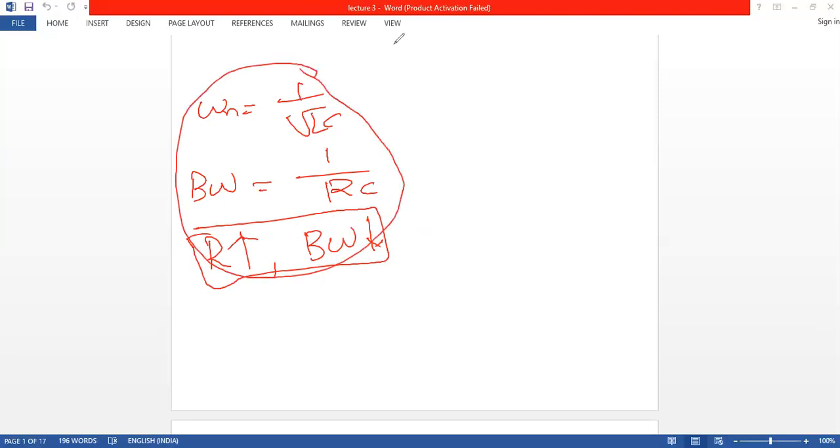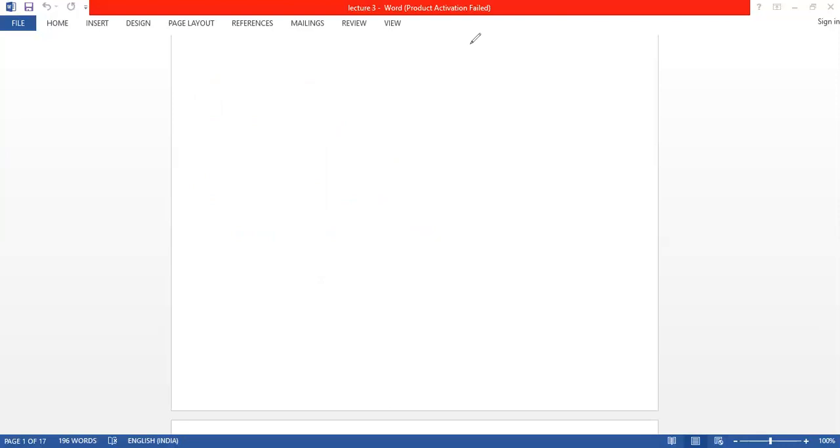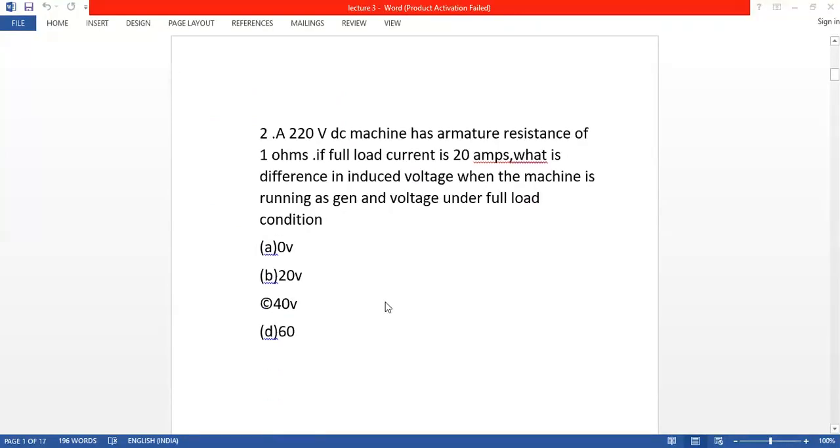Now move ahead to question number 2. A 220 volt DC machine. He is telling that the DC machine has armature resistance of 1 ohm, full load current of 20 amperes.